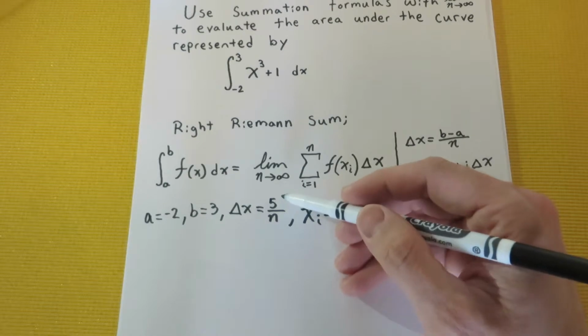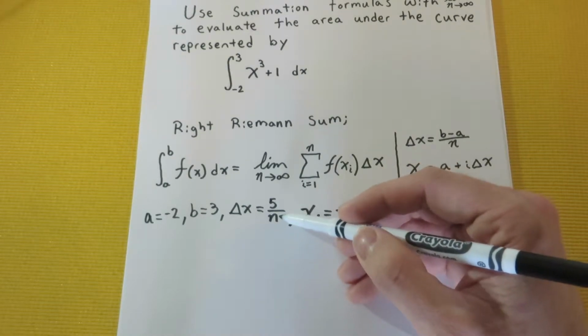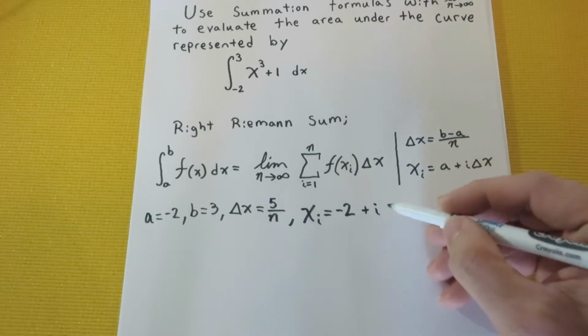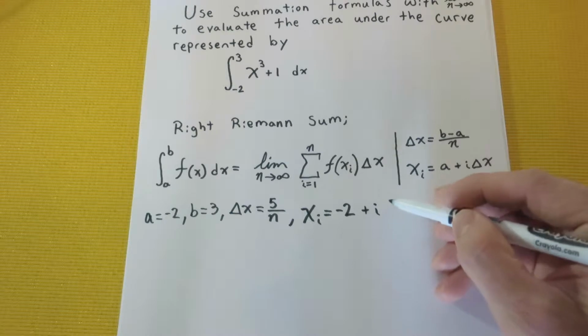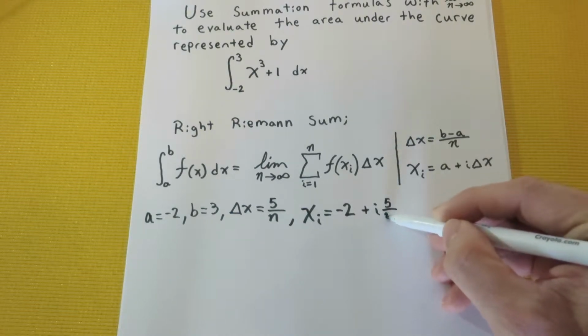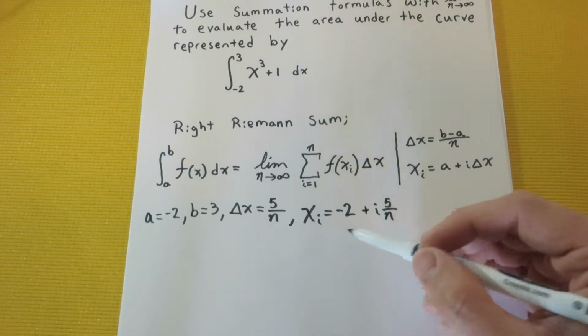Well, we defined our change in x as 5 divided by n, and as n approaches infinity, this is just going to become smaller and smaller. So i times 5 over n. And this represents our x sub i.